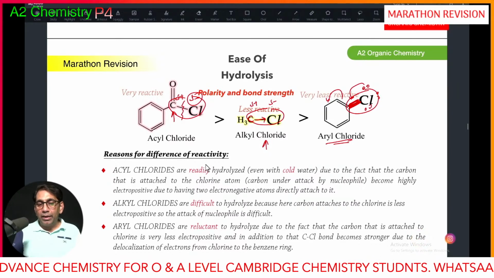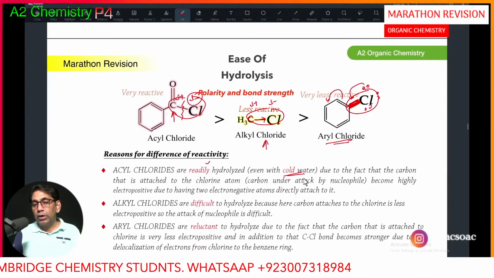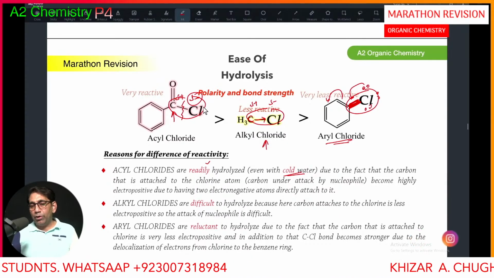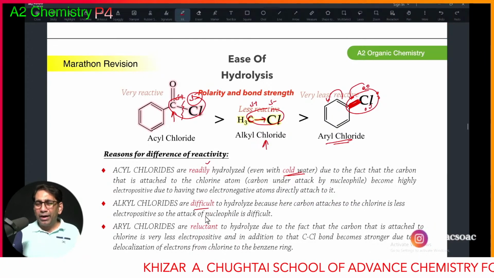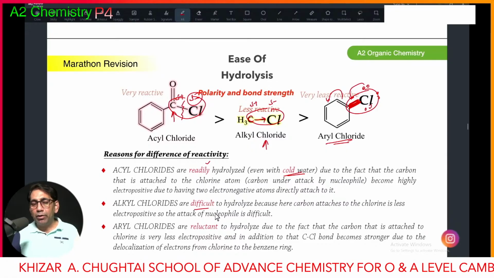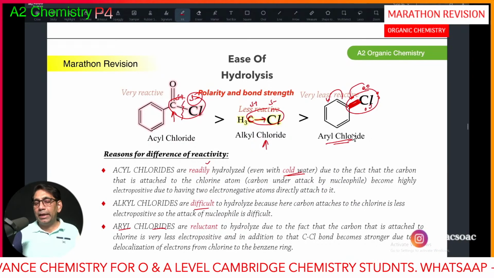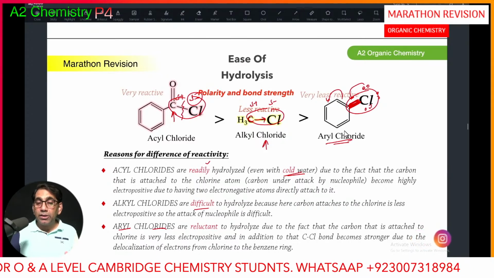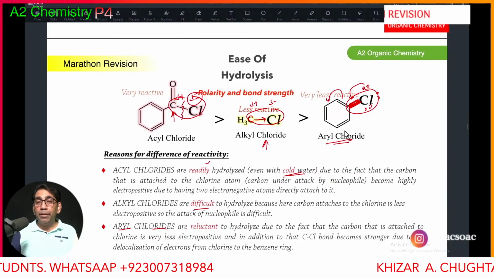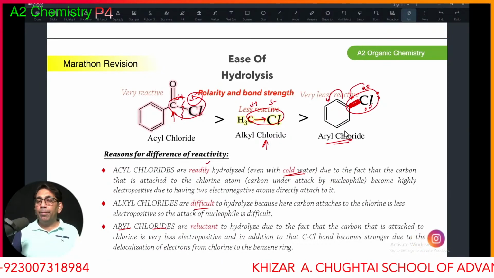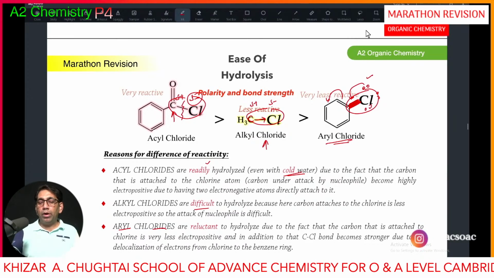So acyl chloride is easily hydrolyzed even with cold water, because as I told you, the C-Cl bond is weaker, and then alkyl chlorides are slightly difficult to hydrolyze. But aryl chloride or chlorobenzene, they are very, very difficult. Almost they are unable to hydrolyze because of this delocalization and stronger bond.